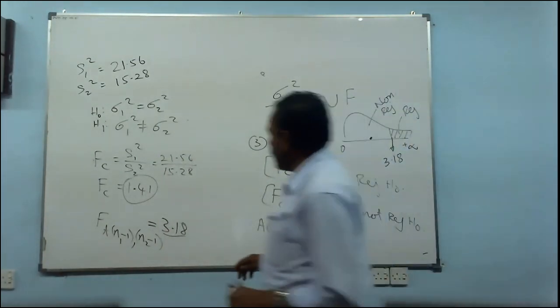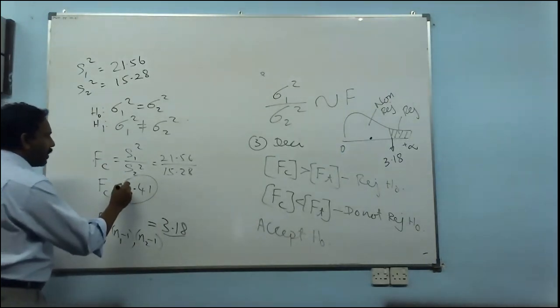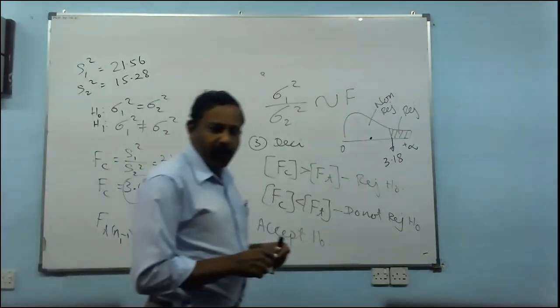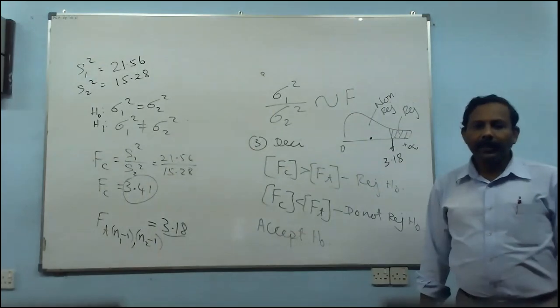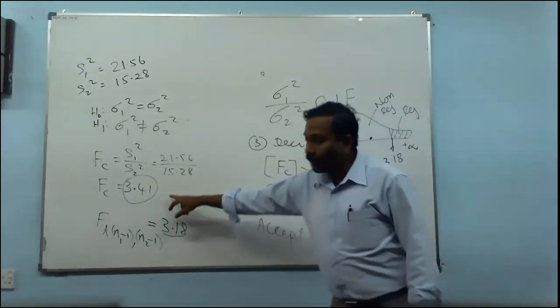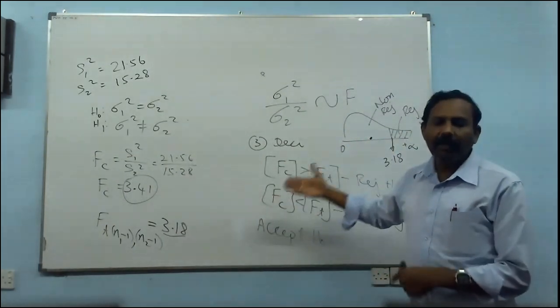Suppose I have a value for the ratio between the variances of 3.41. Now the calculated value is greater than the table value. Therefore, we reject our null hypothesis.